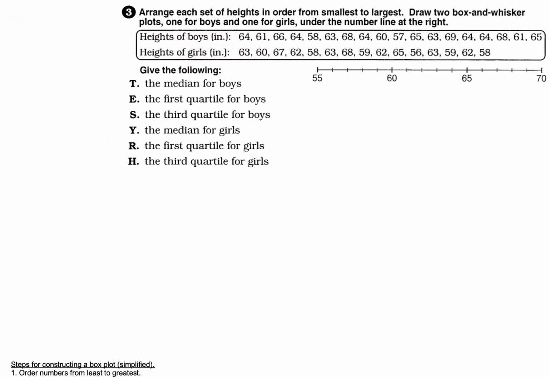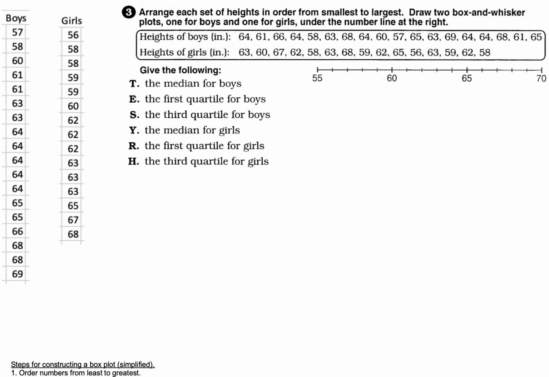Okay, let's look at another example. This one we're going to do the heights of boys and girls and make some comparisons. So first, just to save time, this part would probably take you about 2 minutes to do. I have already ordered boys and girls so that I don't have to order them here live on camera.